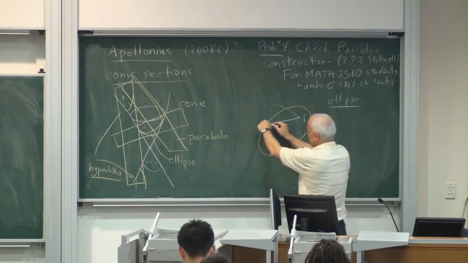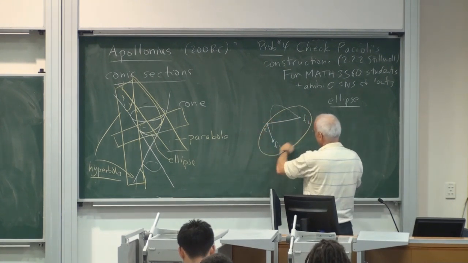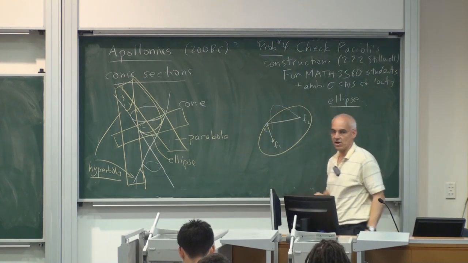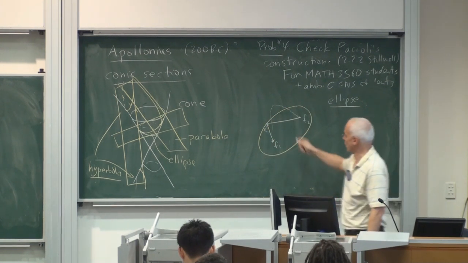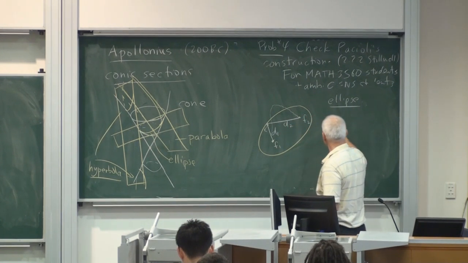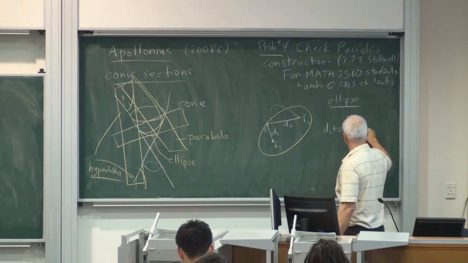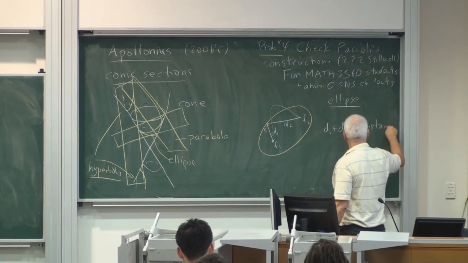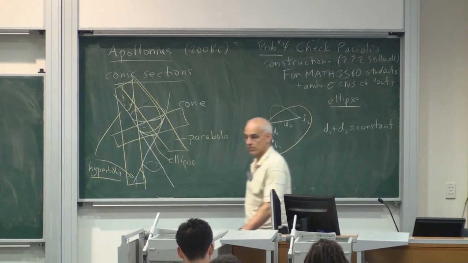And it's flexible, and then as you move the pencil, you sketch out an ellipse. So in terms of distances, D1 plus D2 is constant. That defines an ellipse.